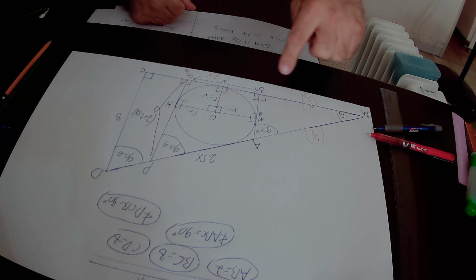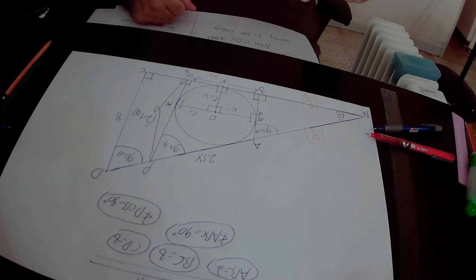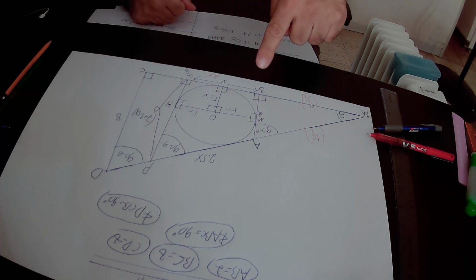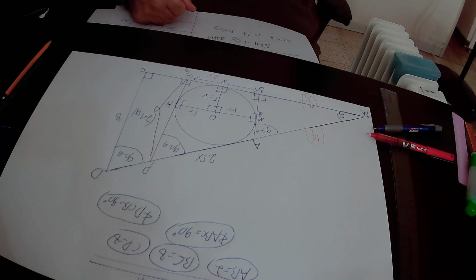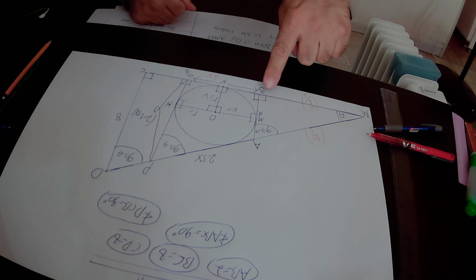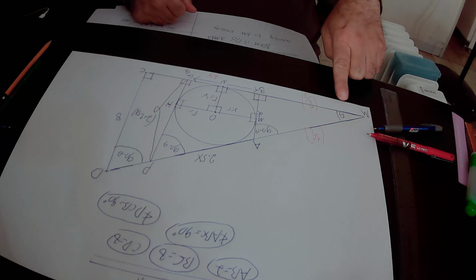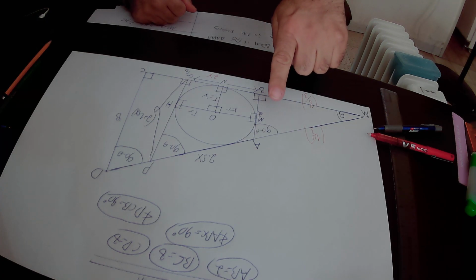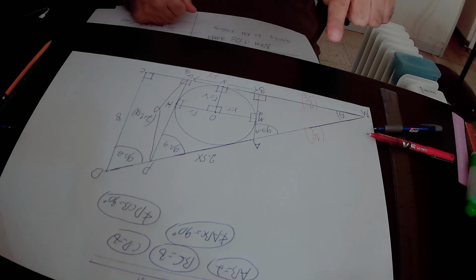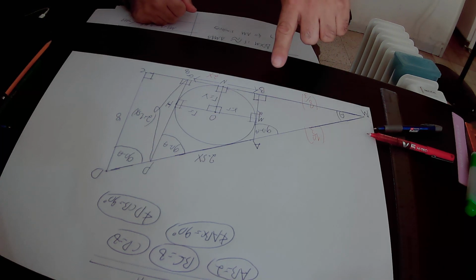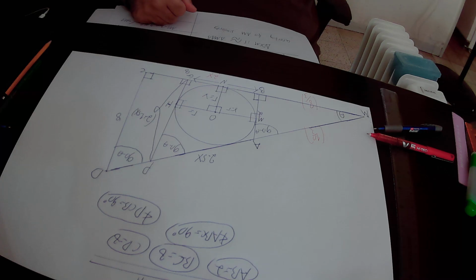So angle ABM equals 90 degrees in its size. We define this angle as theta, therefore the missing angle here must be equal to 90 degrees minus theta. Why? Because 90 degrees minus theta plus theta is 90 degrees, and 90 degrees plus 90 degrees is 180 degrees.